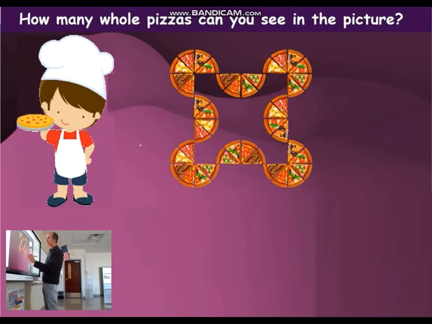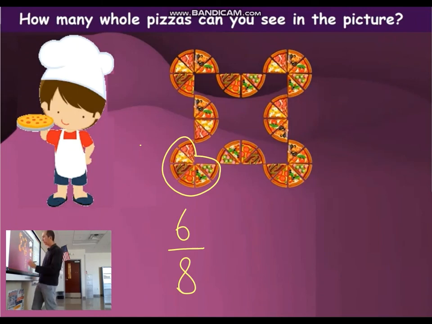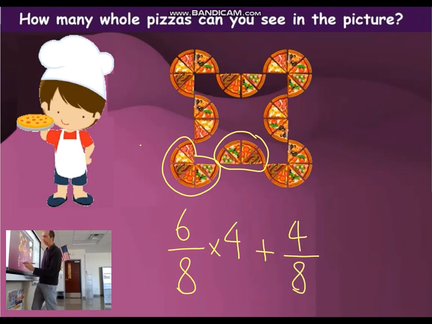If you're good at fractions, you can say this kind of pizza here is 6 slices over 8 slices. The total is 8 slices for each pizza, and you're going to have 4 like that, plus this one is 4 slices for 8-slice pizzas. You also have 4 like that.